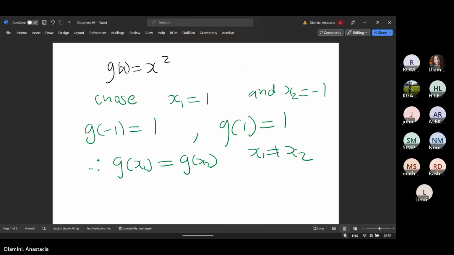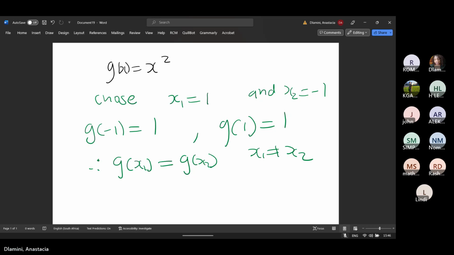Okay. So we can say g of x is not a one-to-one function because two x values, or two input values, are mapped to one output value. There's a word you are missing there.